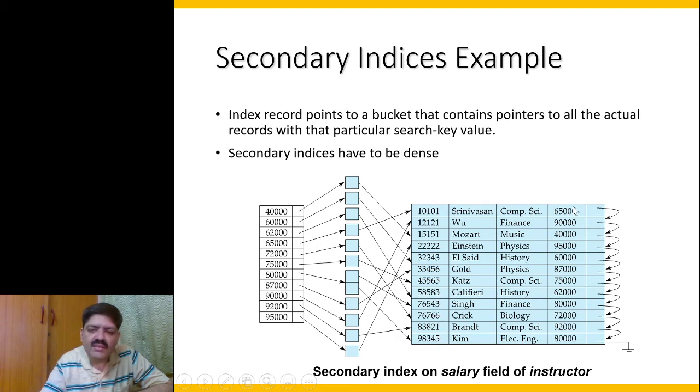Since I want to search by salary, but my file is not ordered by salary, if salary were the key, then I call this a secondary index, right? So what I'm trying to create here is a secondary index because the key values here are not used in the file to store the records.